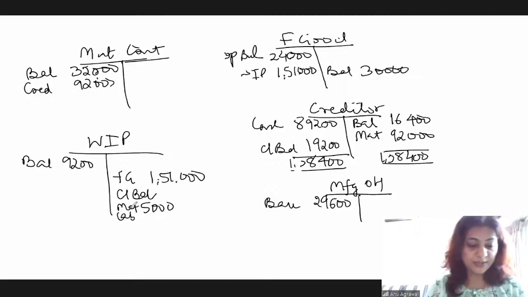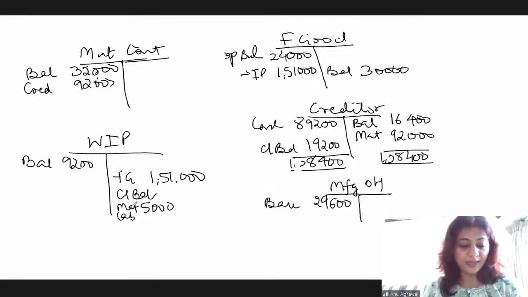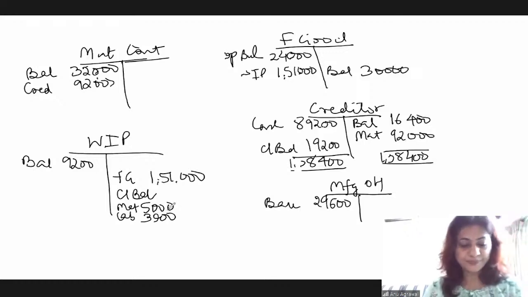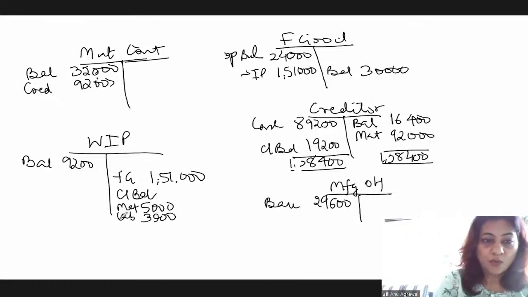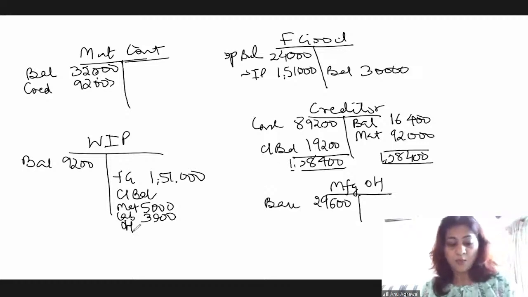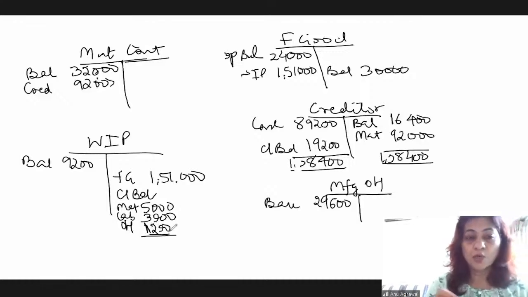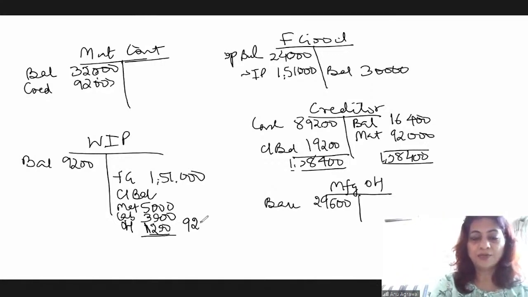Labor is paid at the rate of 10 per hour, so 300 into 10, 3,000. Overhead would also be charged. On the basis of direct labor hours, 300 into 4, 1,200 of overhead should have been there. That means the closing balance of my WIP account should have been 9,200. Yes or no?